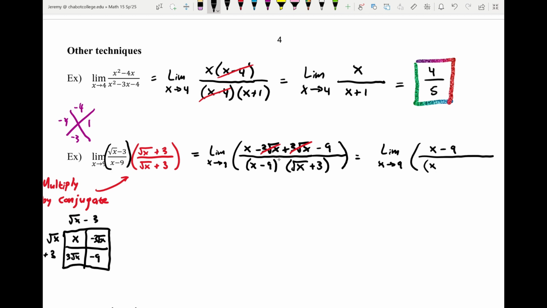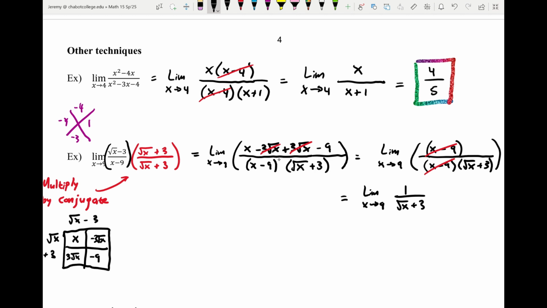And down here we've got x minus 9 times root x plus 3. So it looks like we're getting lucky here. The x minus 9s, that common factor, will cancel out. We'll just be left with the limit as x approaches 9 of 1 over the square root of x plus 3.